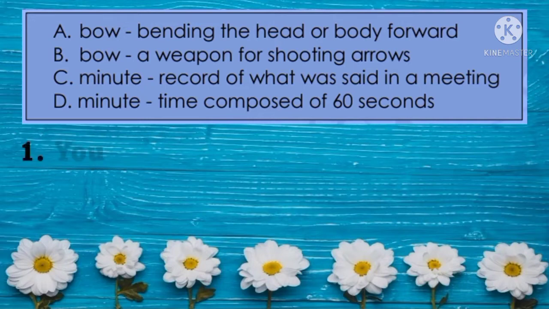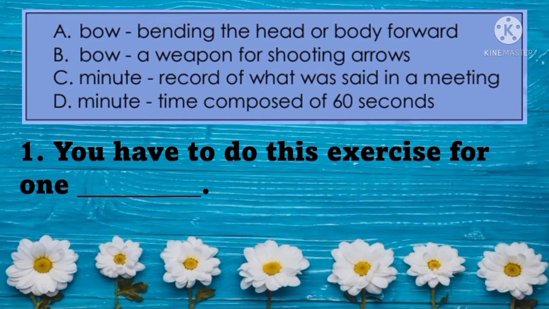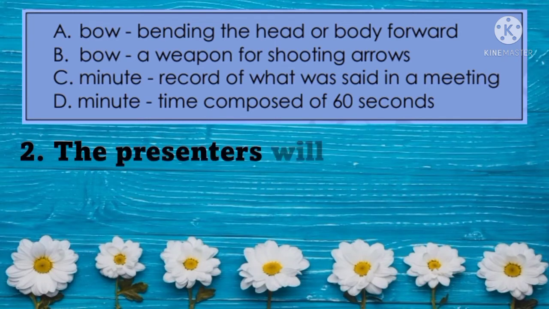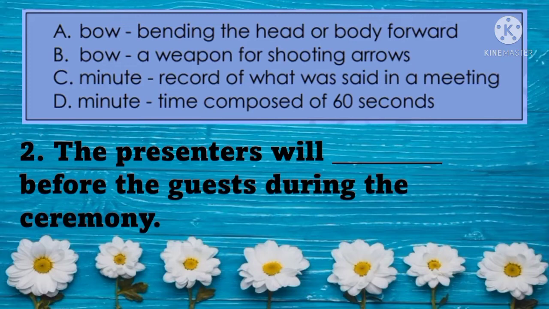Now for number 1. You have to do this exercise for one blank. The correct answer is letter D, minute. Number 2. The presenters will blank before the guest during the ceremony. The correct answer is letter A, bow.